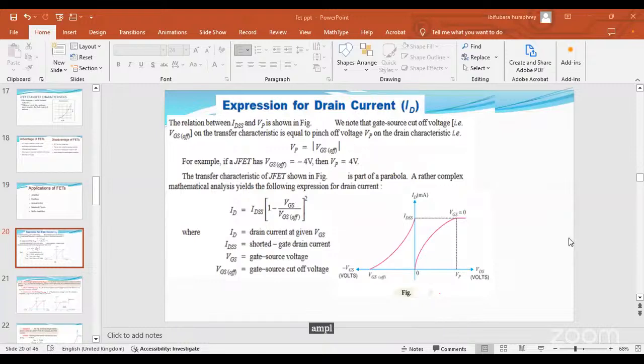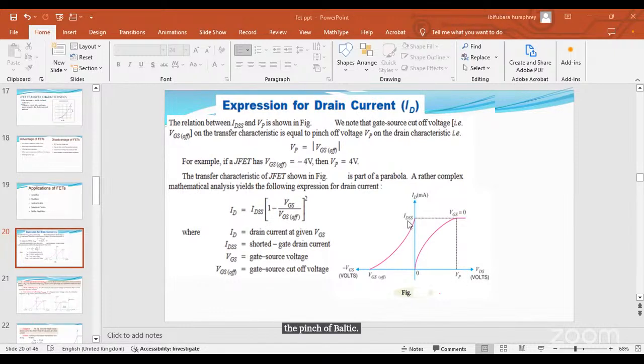So let's look at some mathematics of JFET. You already know what ID is. The relationship between IDSS and VP. We already know what VP is, which is the pinch-off voltage.